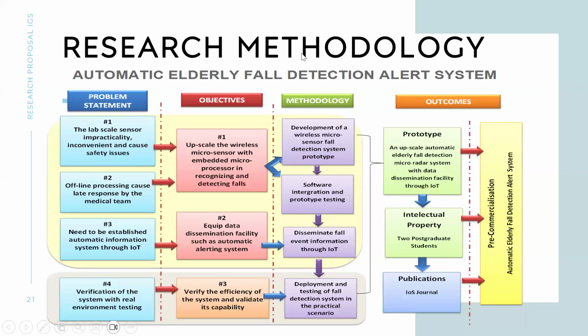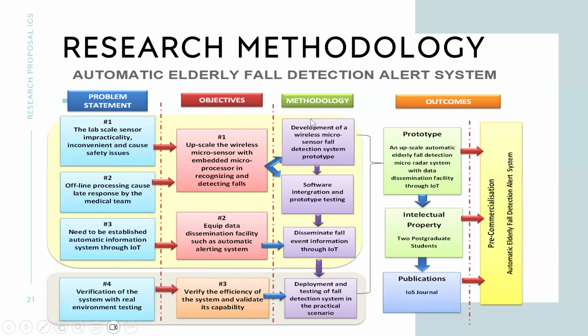It's quite good because you can say, okay, for the problem statement 1, in order for you to solve these 2 problems, you have to come up with this objective. This objective will cover 2 problem statements, and you see objective number 2 covers the 3rd problem statement. And how to achieve the objective?